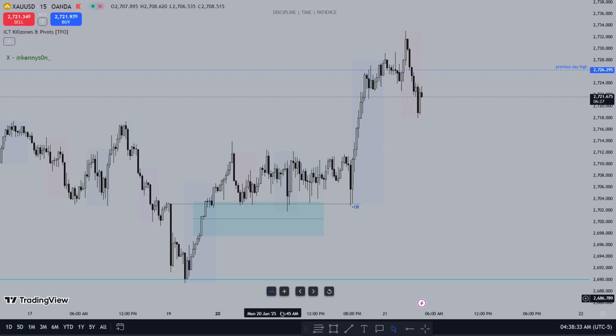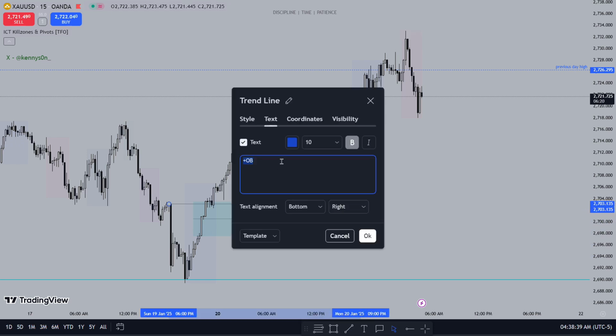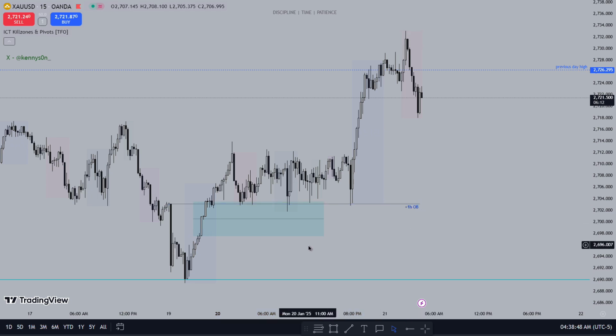But we're in the 15-minute. This is an hourly order block. You traded to that hourly order block, and then this reclaimed this fair value gap, swept London low.